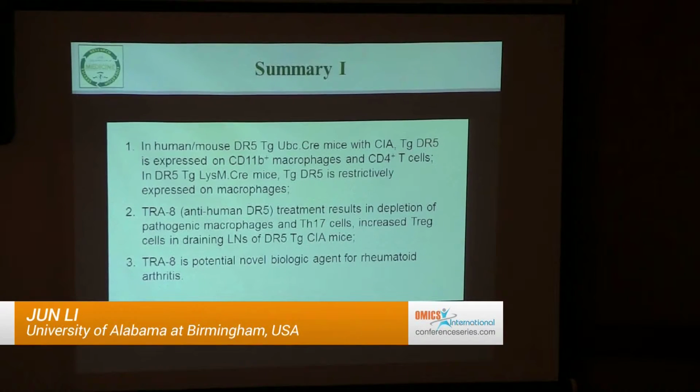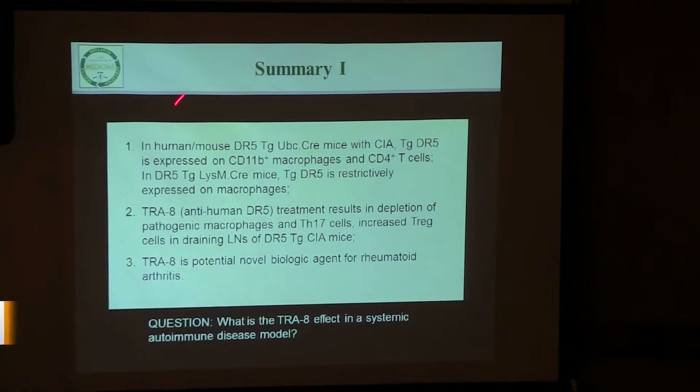So the summary of the first part: in this chimeric DR5 transgenic UBC mice with CIA, transgenic DR5 is expressed on CD11b positive macrophage and CD4 T cell. And in the DR5 transgenic mice crossed with lysozyme Cre mice, transgenic DR5 is restricted to the macrophage.